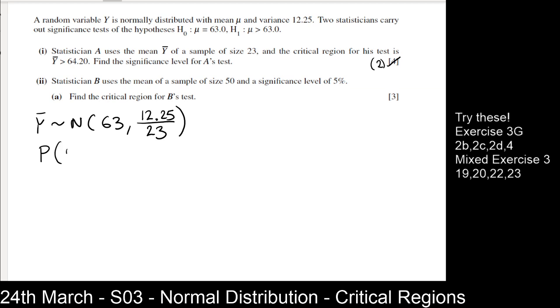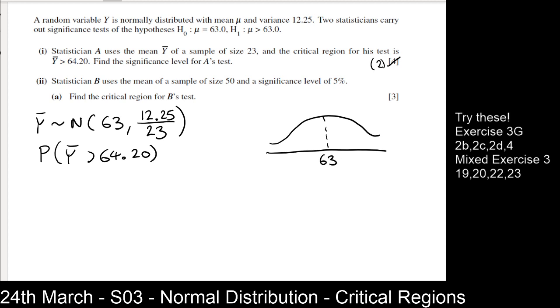Now, what I'm trying to do is work out the probability that y is greater than 64.20. Let me do a sketch to the side and show you why I'm working that out.